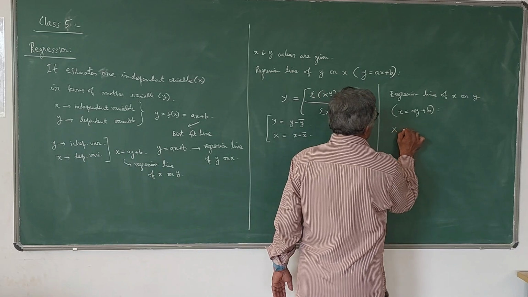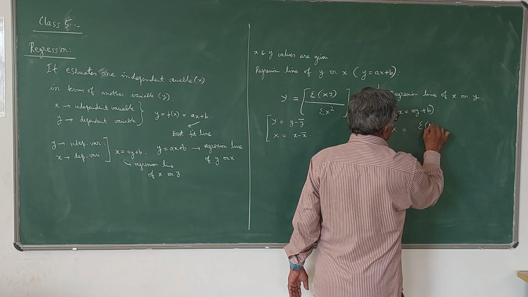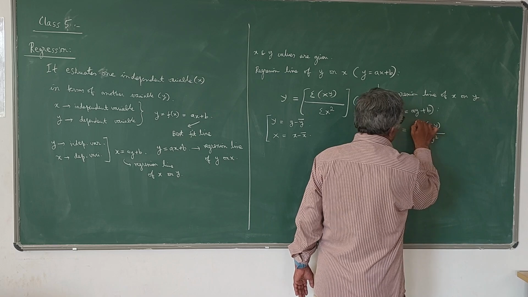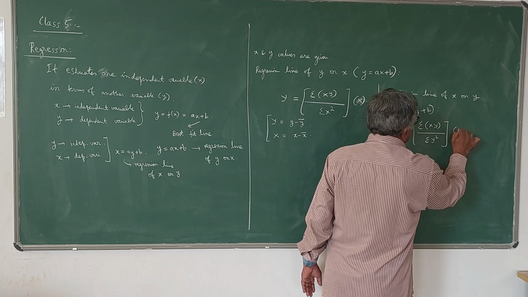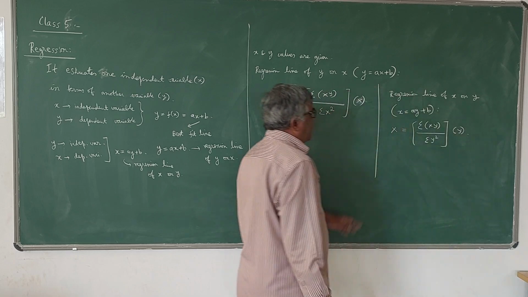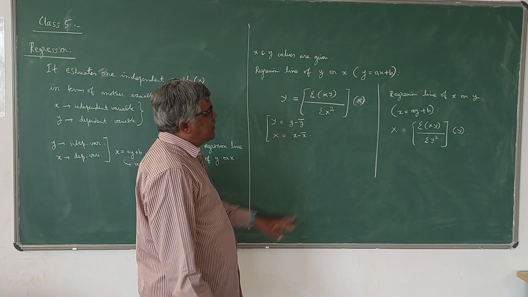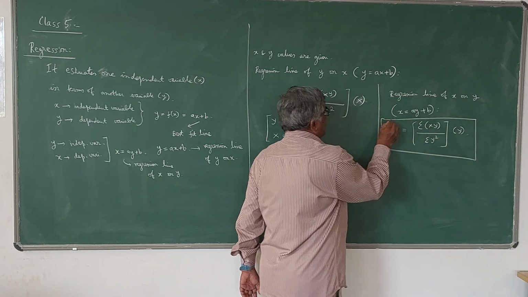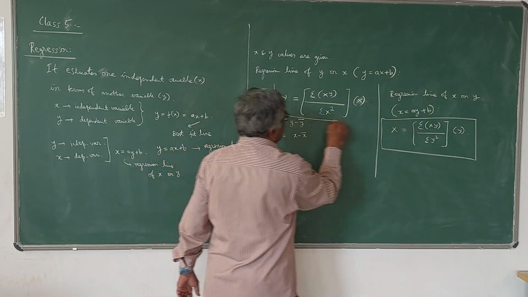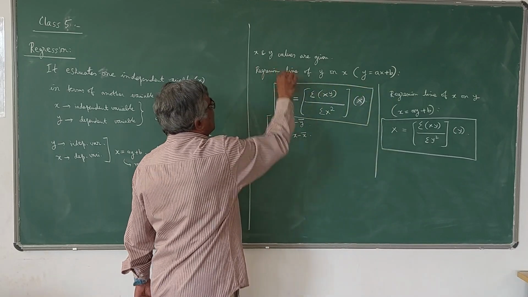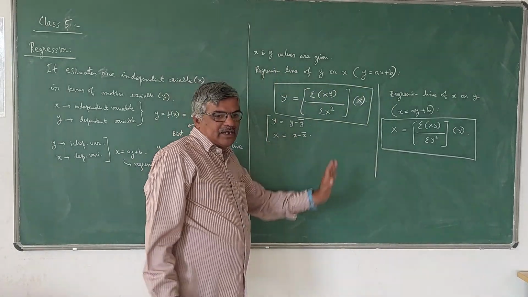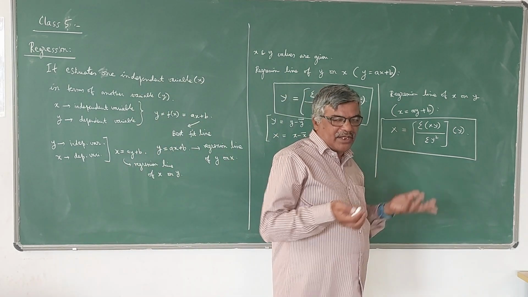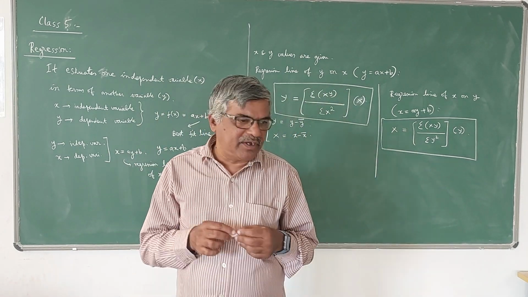That means capital X is equal to sigma xy, which remains the same, divided by, instead of sigma x square, sigma y square, into capital Y. So this is the regression line of x on y, and this is the regression line of y on x. So for a given set of data x and y, we can fit two regression lines like this. Of course, naturally they are the best fit lines.